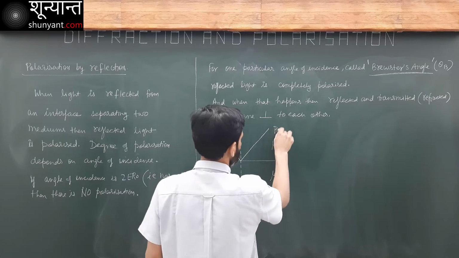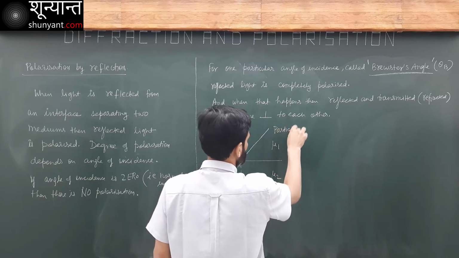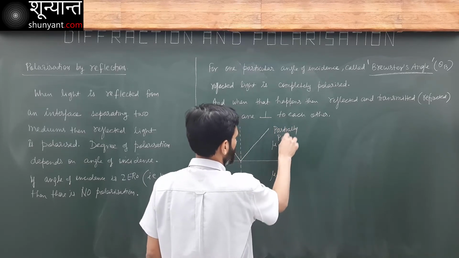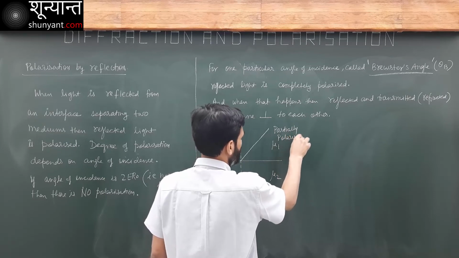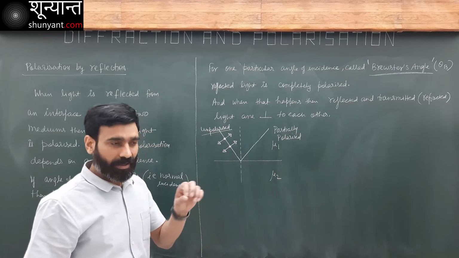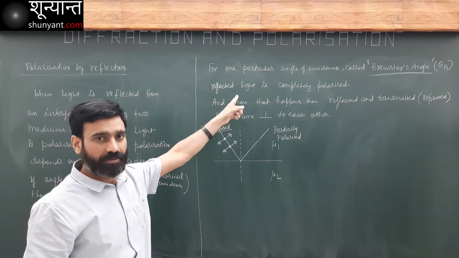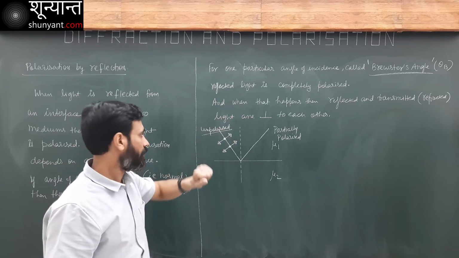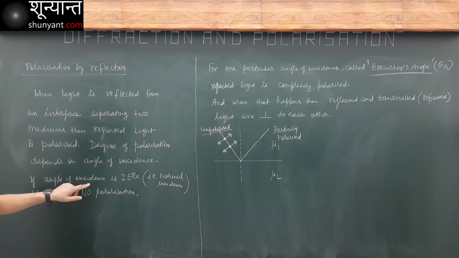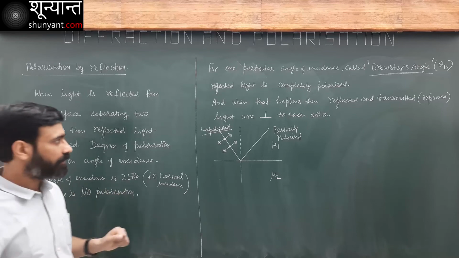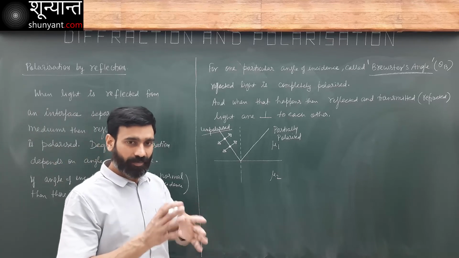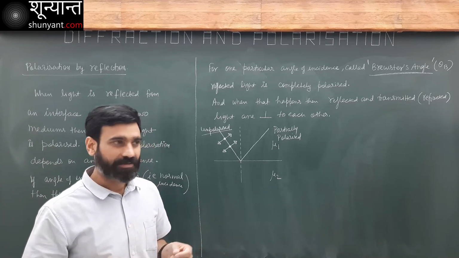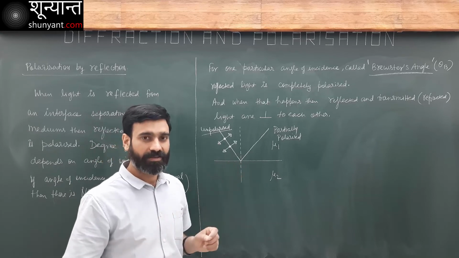It is partially polarized. For one particular angle, it is completely polarized. There is Brewster's angle. For this angle, there is complete polarization. That means for other, intermediate angles, it is going to be partially polarized.